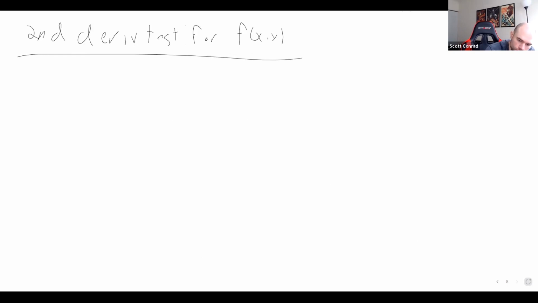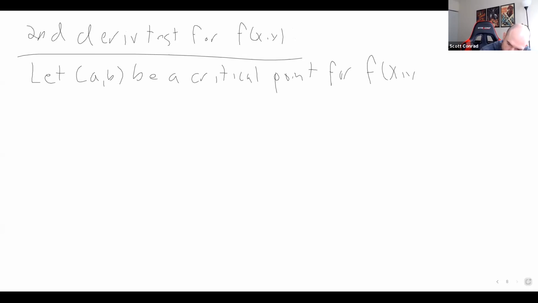Okay. So here's how the second derivative test works. Suppose we find a critical point for our function f.